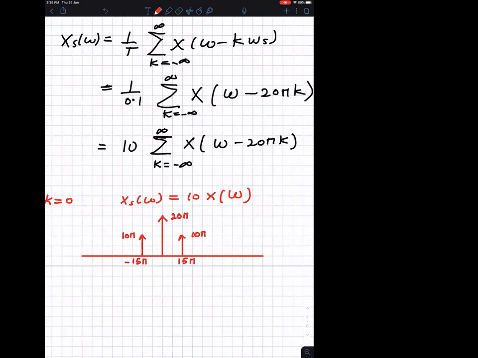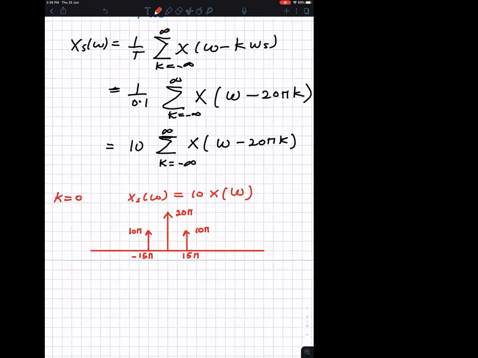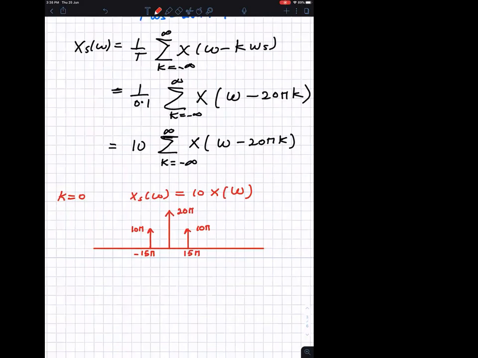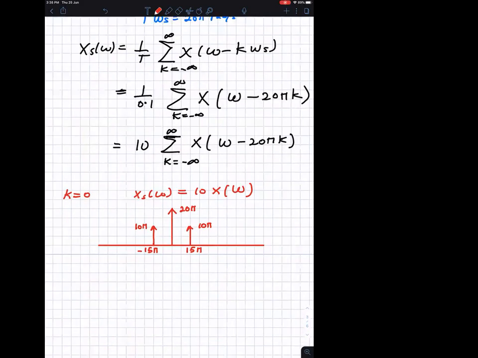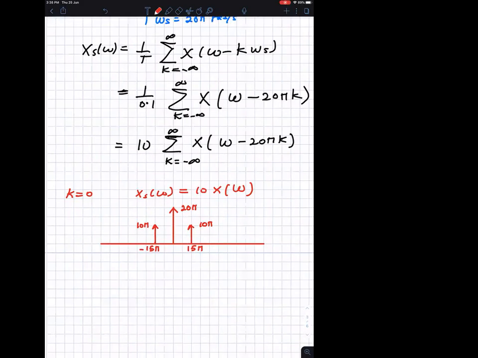So that's the signal when k equals 0. The original signal is now scaled.